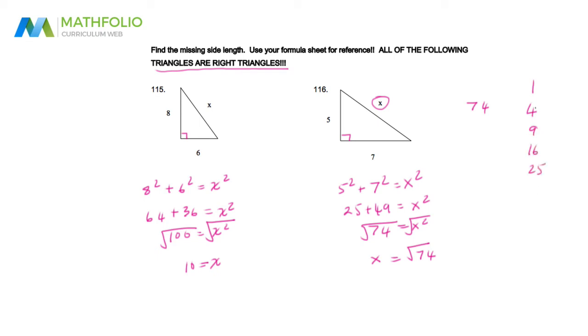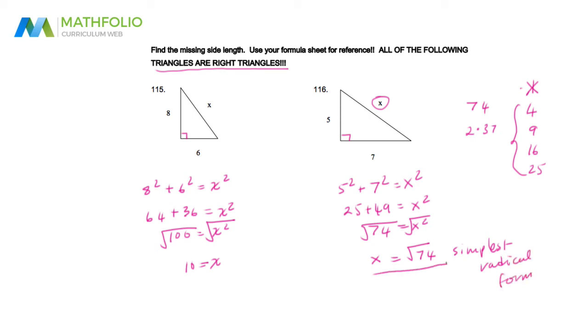So this is 1 squared, 2 squared, 3 squared, 4 squared, 5 squared, etc. And so I know 74 isn't prime because you could write it as 2 times 37, but then 37's prime. So I can't think of any of these other perfect squares that would go in there. And so this is the simplest radical form.